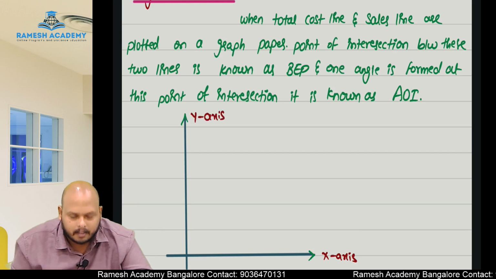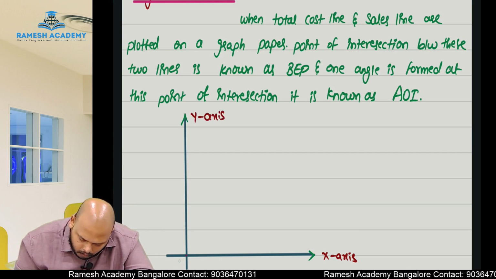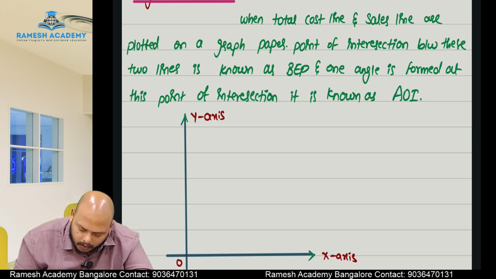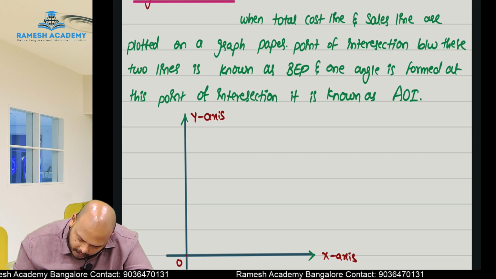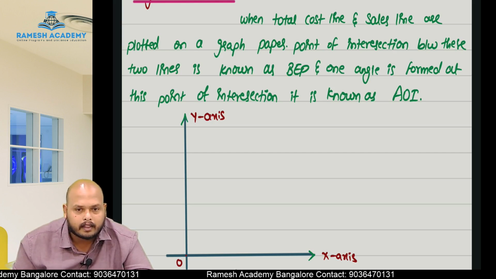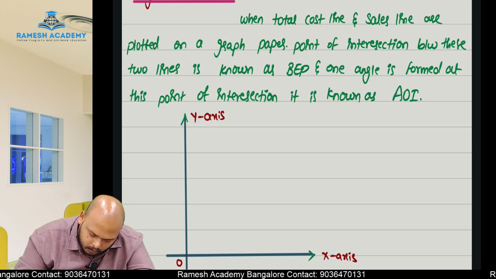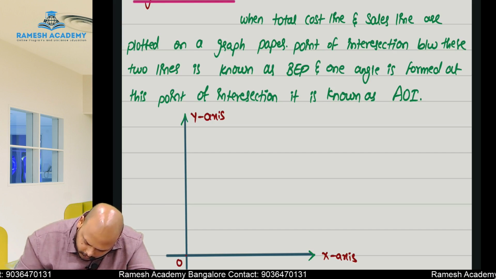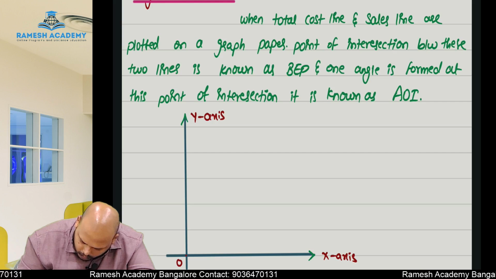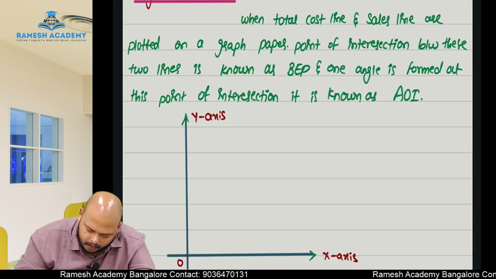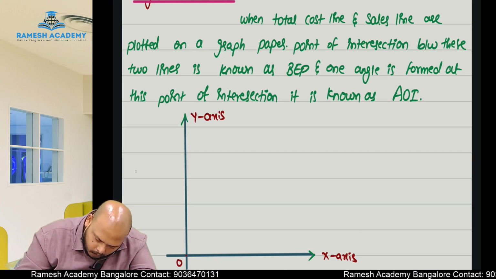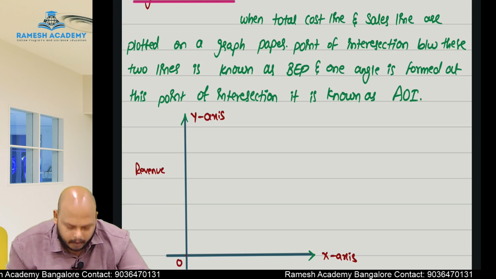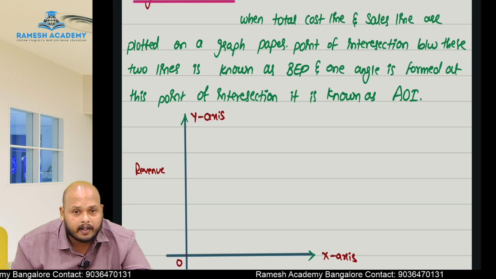This is x-axis, this is y-axis, and this point we call origin. Let us plot the units on x-axis and revenue on y-axis.